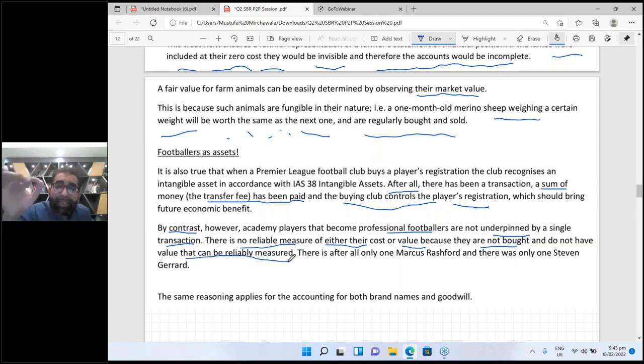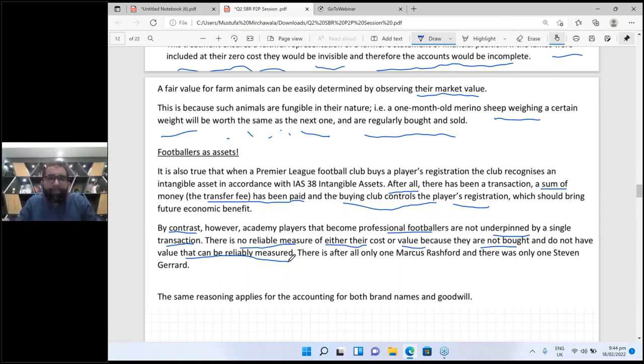I told you IAS 38 says initially intangible assets are recorded at cost. Now you are generating your own players, and you never know, and you are just giving efforts to them. You are doing their counseling, you are giving them time to exercise. These efforts which you are investing, you cannot value.